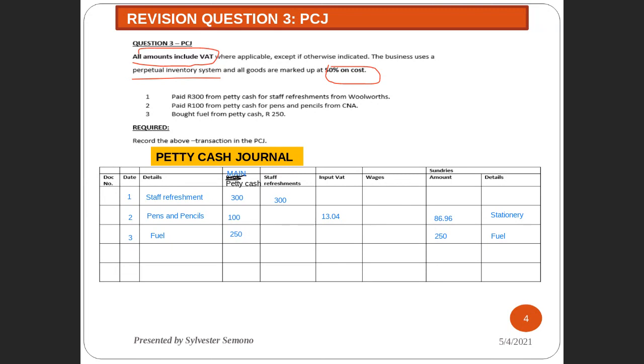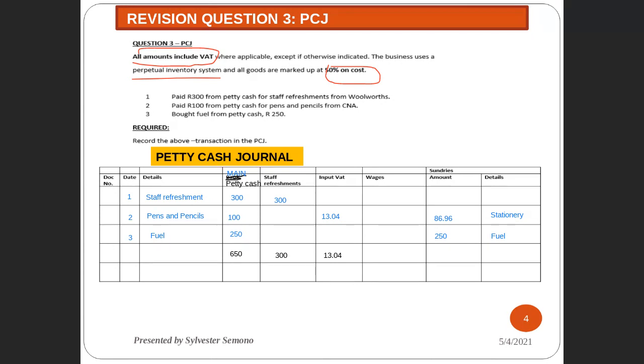I know there's a 300. There is a 13.04. And please help me with the others. This one is going to be 400, 650. And then what about the sundries? It's going to be 250 to 300 and 336.